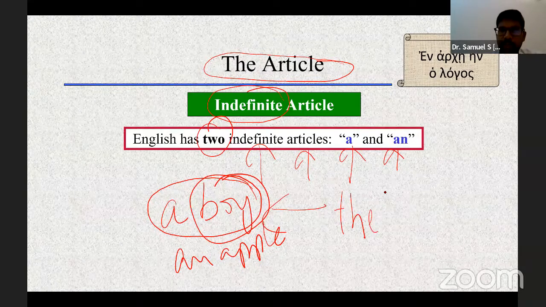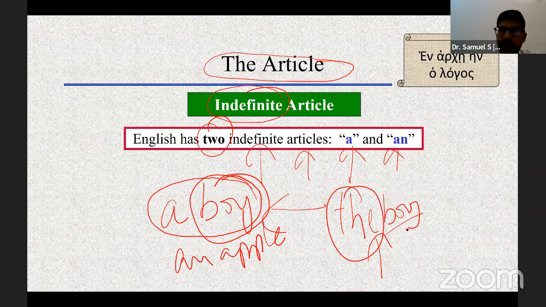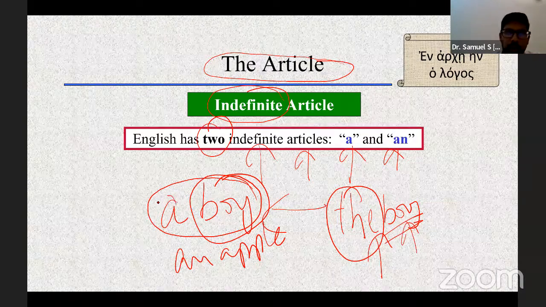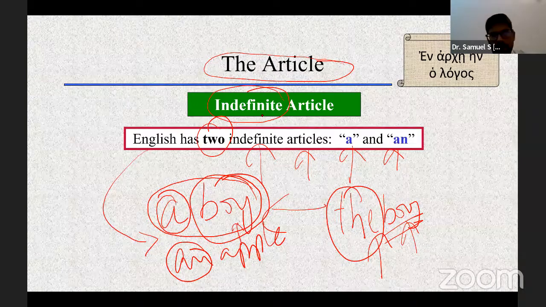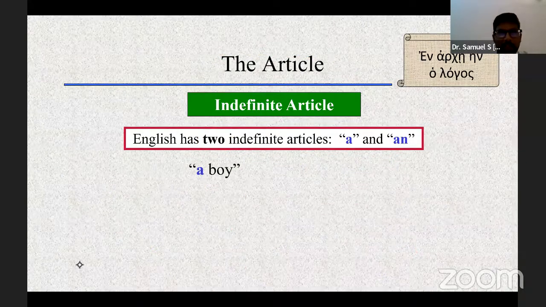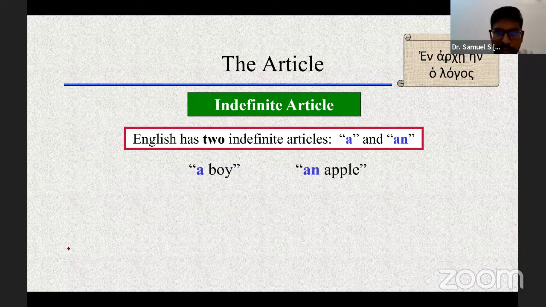It's different from saying the boy. When you say the boy, you're being definite about a particular boy, right? But when you use a or an, you're communicating in English that you're referring to an indefinite noun. English has two indefinite articles.